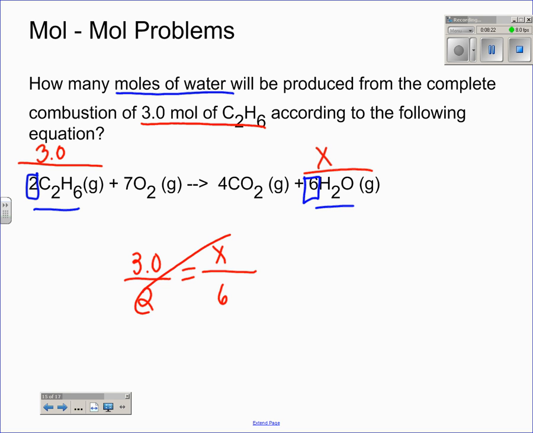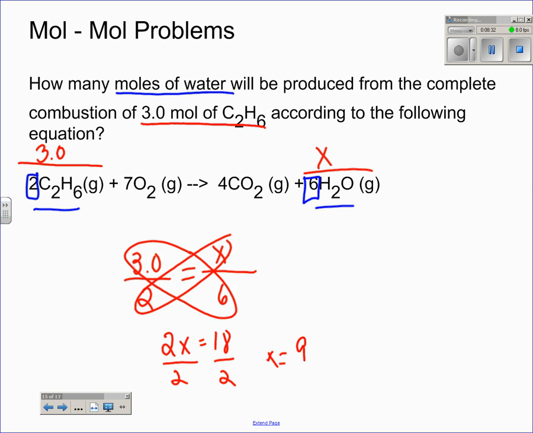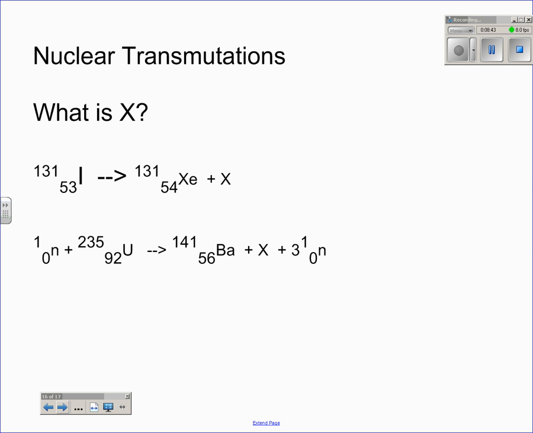We cross multiply, and we get 2x equals 18. We divide both sides by 2 to get x by itself, and we get x equals 9 moles. Excellent. Be very careful not to get confused between moles and molarity.